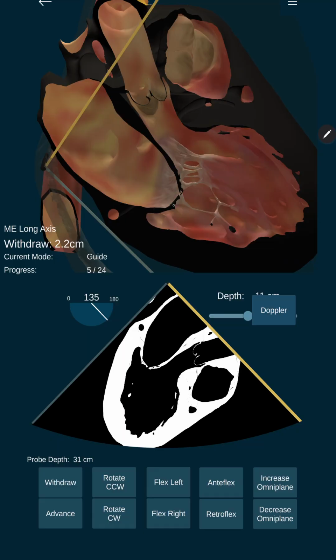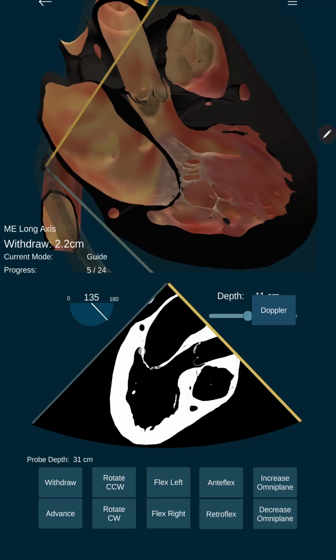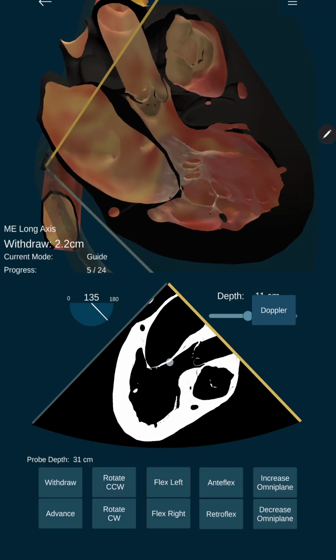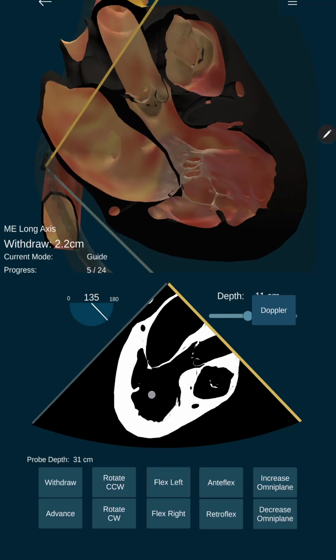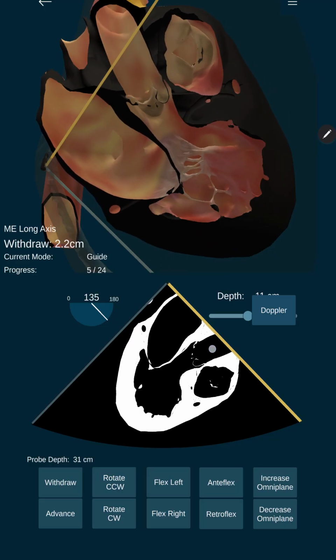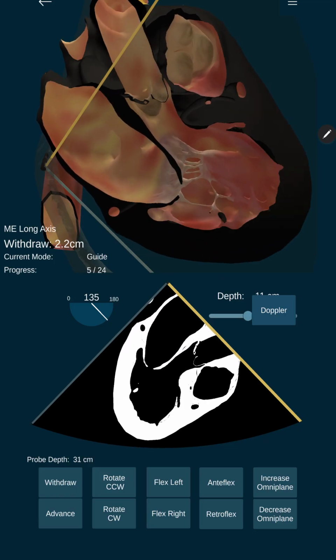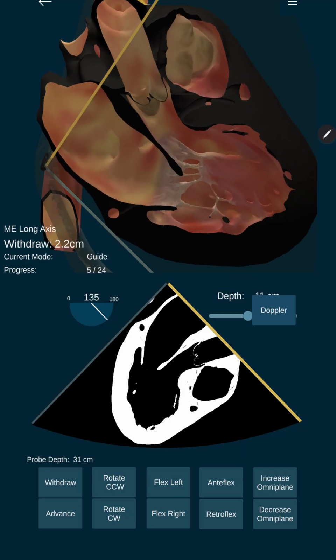In this image we can see the posterior mitral leaflet and the anterior mitral leaflet, along with the LA, LV, LVOT, aortic valve, and ascending aorta. So this was the P2 segment and A2 segment of the mitral leaflets, very well defined.